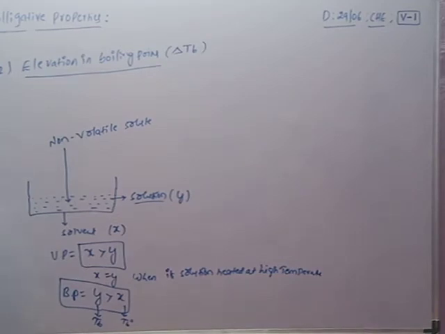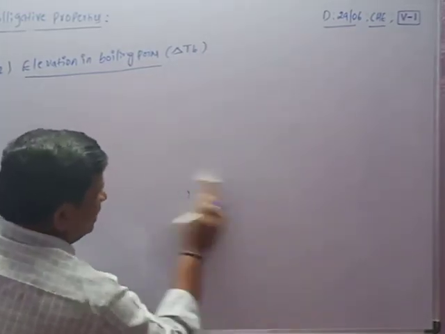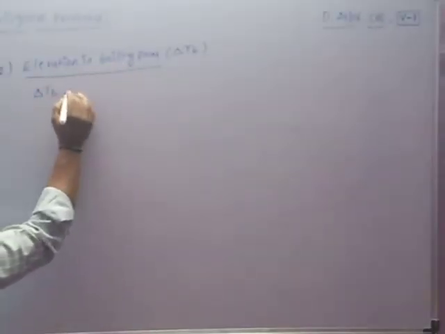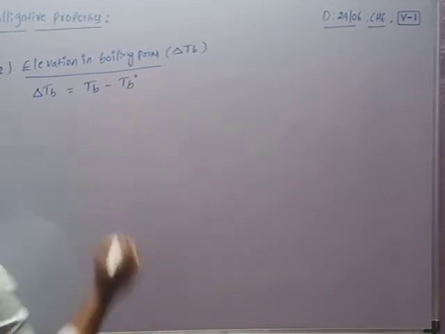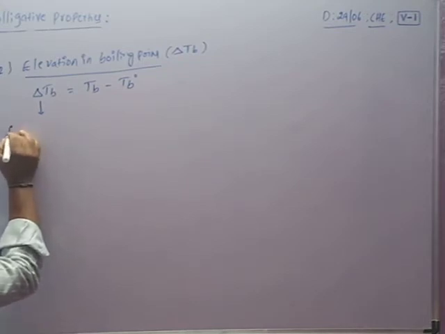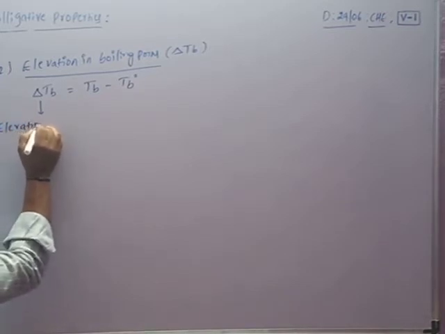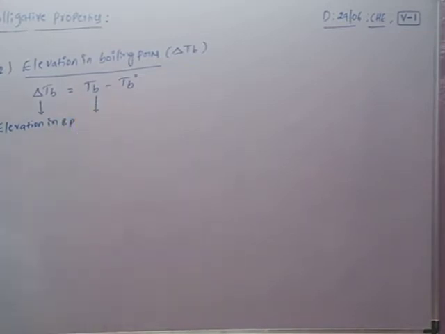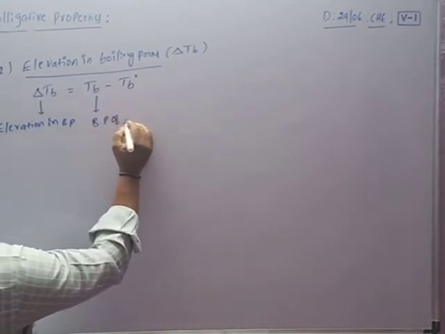Mathematically, delta TB equals TB minus TB naught, wherein delta TB is the elevation in boiling point and TB is the boiling point of the solution.